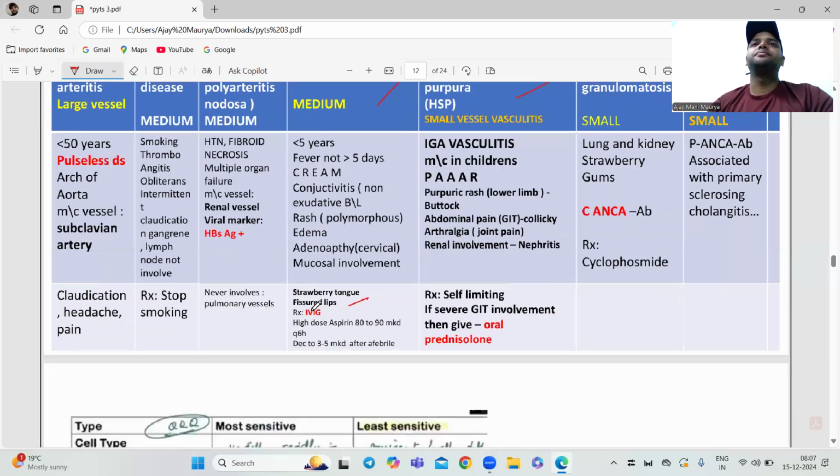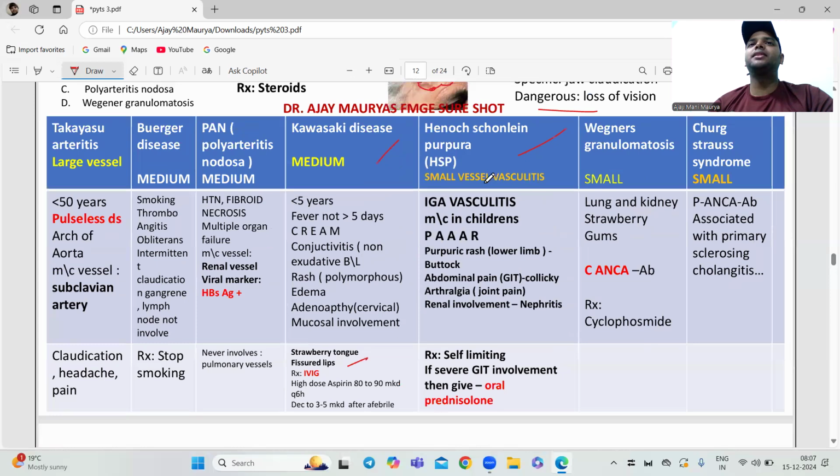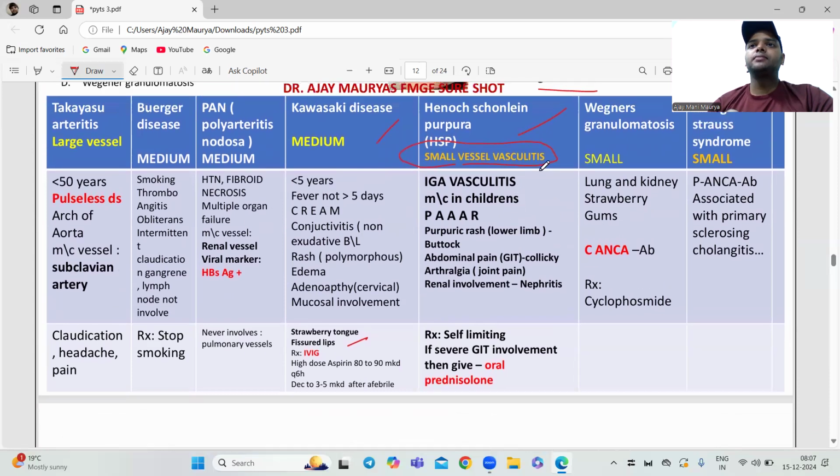For HSP, this is a small vessel vasculitis, also called IgA vasculitis. This is most common in children.